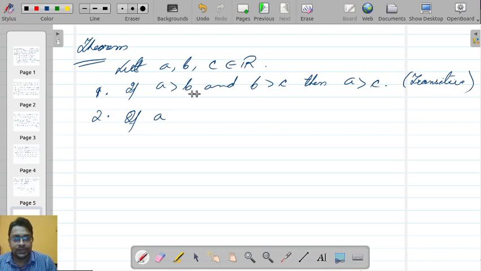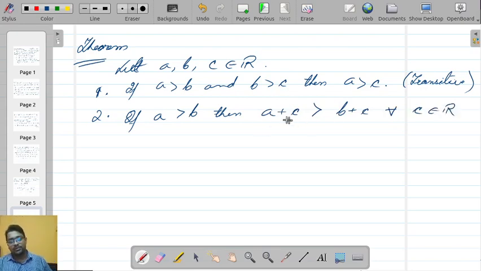Number two, if A is greater than B, then A plus C, whatever number C you take, is always greater than B plus C for all C inside R. If we add the same number to both sides of this inequality, the inequality remains the same.